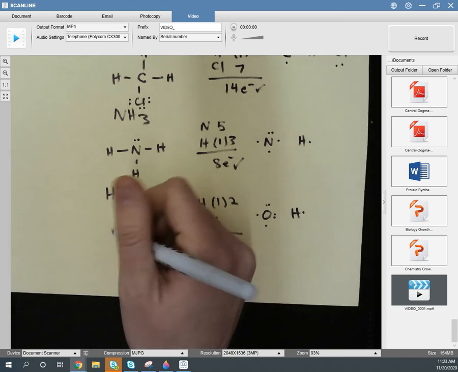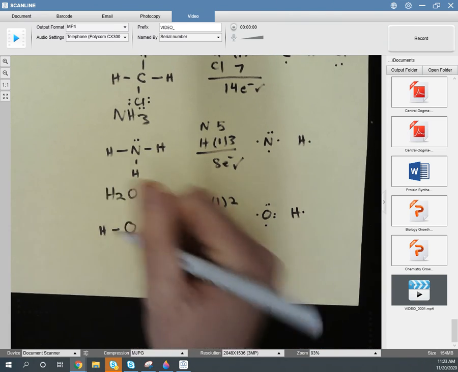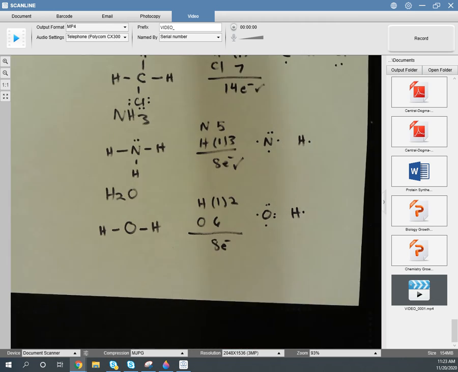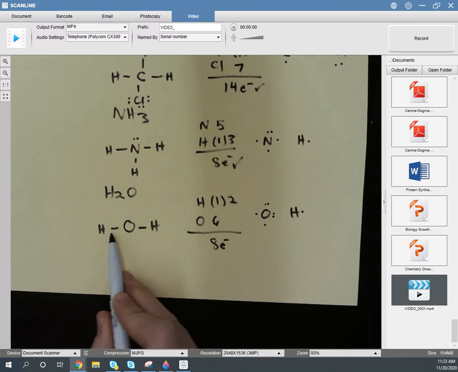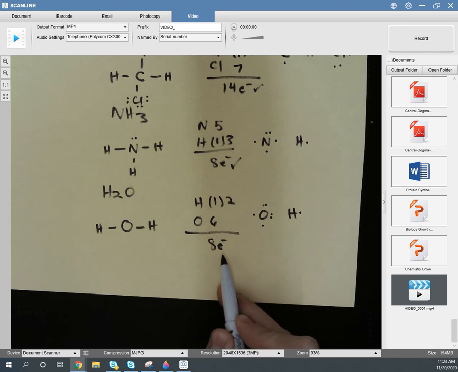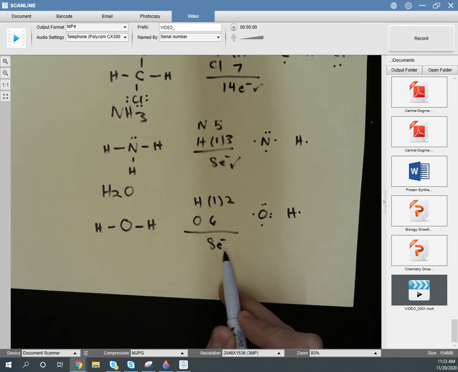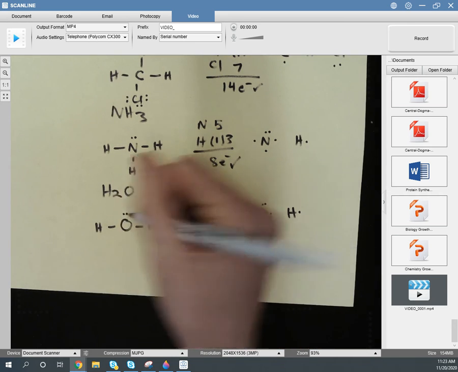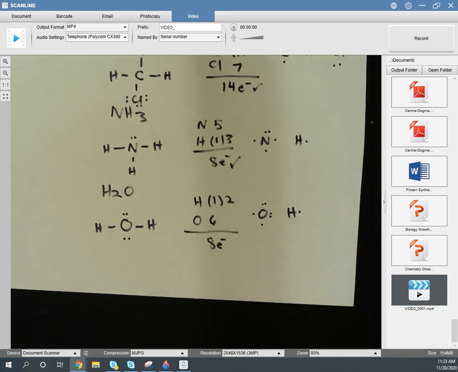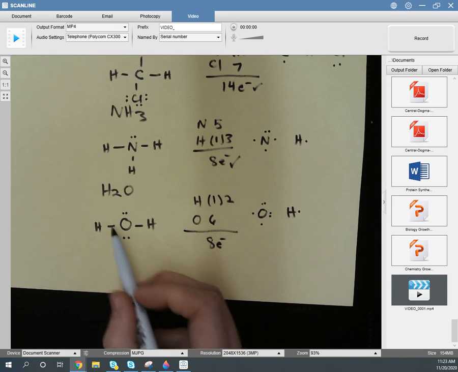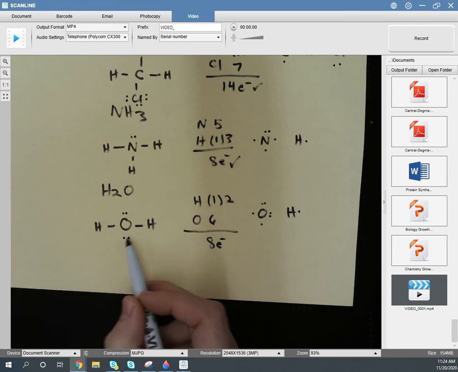Okay, now I'm going to connect each one of my hydrogen atoms with a single bonding pair. 2, 4. Well, that's not the number we were hoping to get to. So again, we have to add the extra lone pairs around oxygen to give it a full octet. So if I add in 2 additional pairs of electrons, and I count again, 2, 4, 6, 8, oxygen now has a full octet.